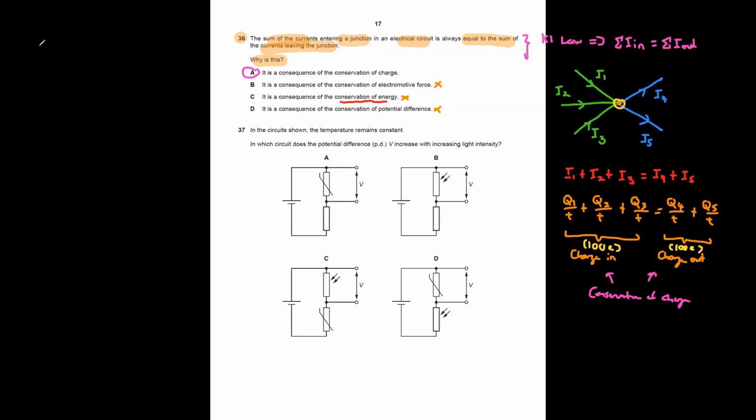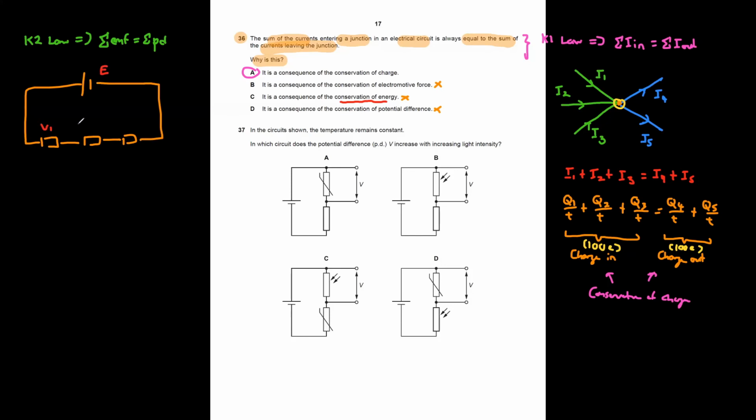Kirchhoff's second law tells you this: sum of EMF equals sum of PD. For example, if I have a circuit that looks like this, with one cell and 3 resistors, this one is EMF E, and the resistors have PD V1, V2, and V3.